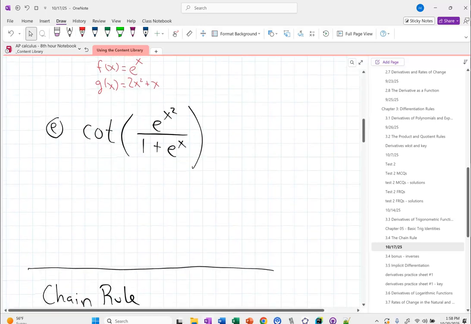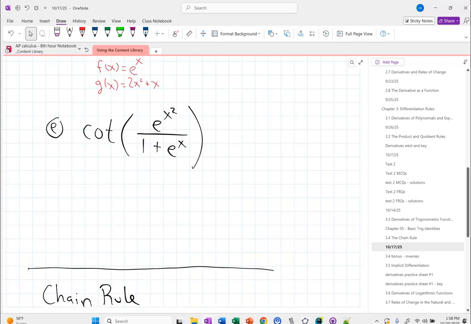Last example, then we'll get to the calculus piece. We see a composition here, right? What's the outer? And the inner is? X squared divided by 1 plus e to the x. You mean e to the x squared over 1 plus e to the x. Yeah. Do you notice anything else?